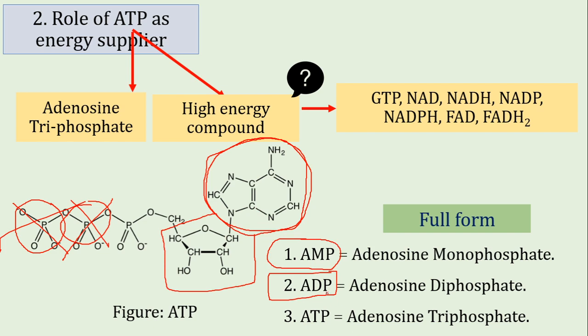So ATP can release a phosphate group to convert into ADP, then successively into AMP, and this AMP can attach a phosphate group to produce ADP, and then again attach a phosphate group to produce ATP.